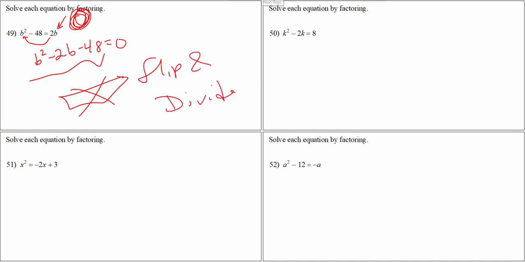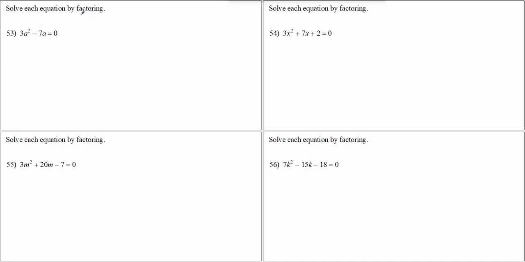Okay, next thing. I'm going to show you how to do it in the x when there are only two terms. I already have a 0 here, so we're good there. So now I'm going to take 3a squared minus 7a equals 0. In my x, remember, I take a times c.